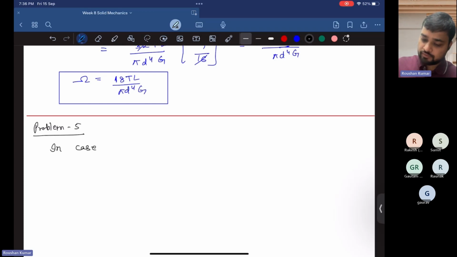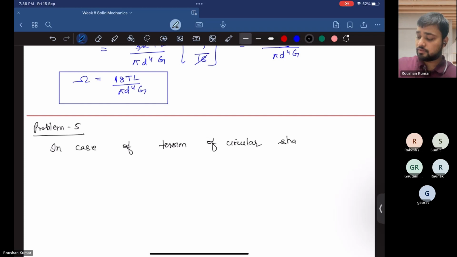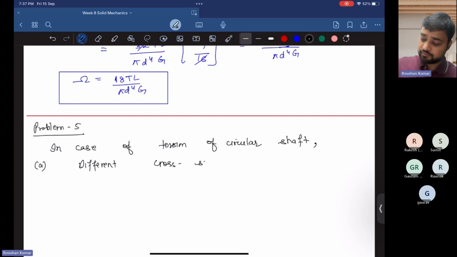In case of torsion of a circular shaft, the first option is: different cross sections of the shaft rotate by the same angle.